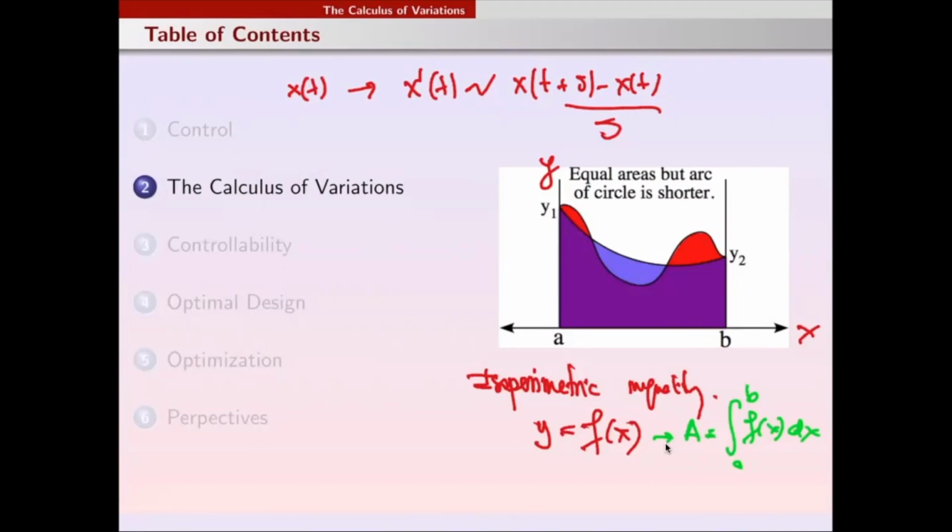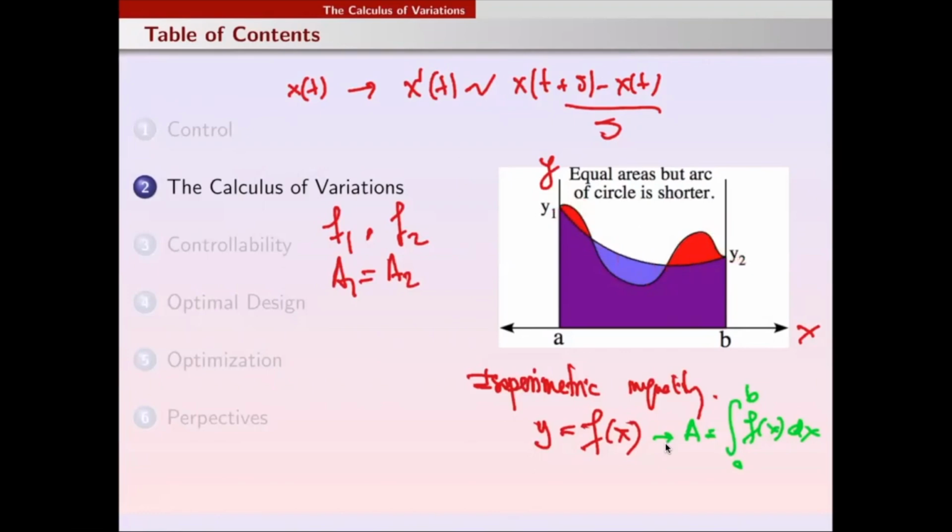And I will tell you, no, they are not equally efficient, even though the area is the same. So we have F1 and F2, and the area they generate is the same, right? But the length of this arc, because of these unnecessary oscillations, is much bigger than the length of the circle, right?